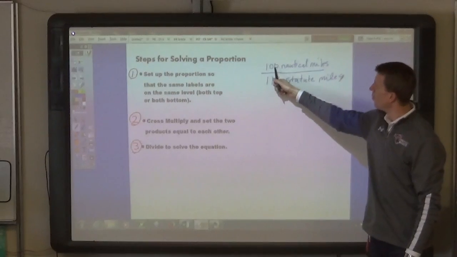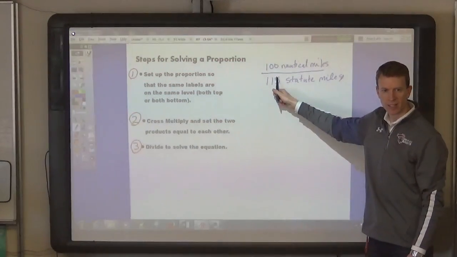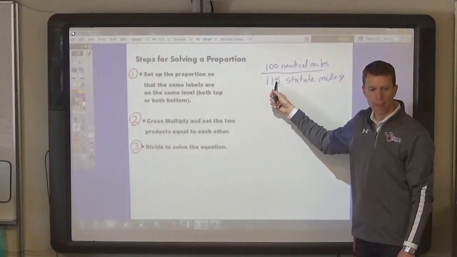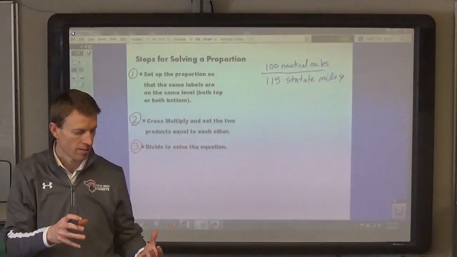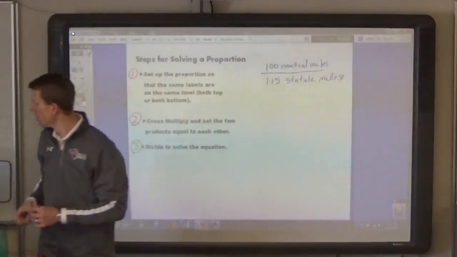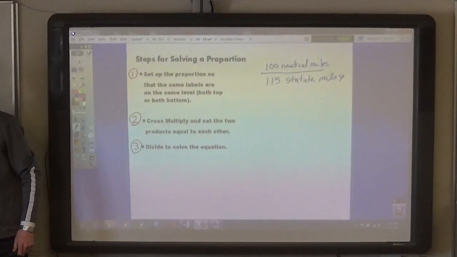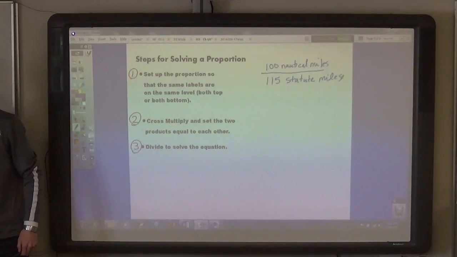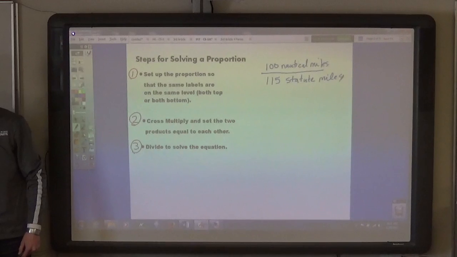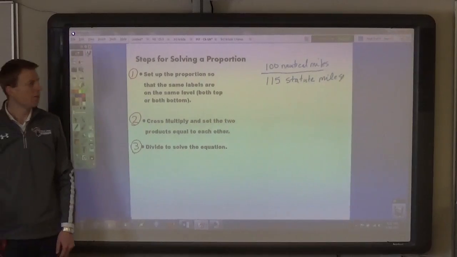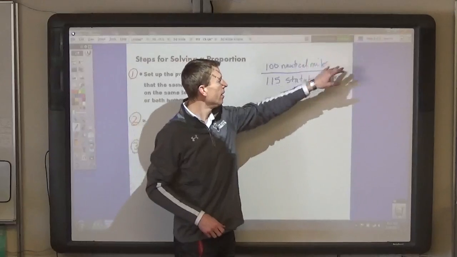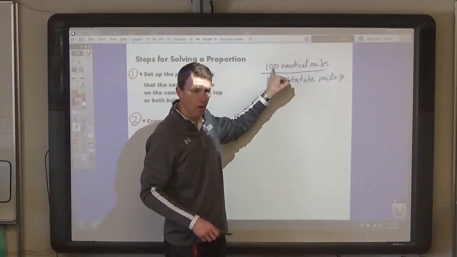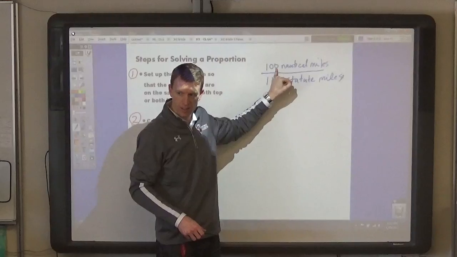So, we can use this ratio then. This is a true ratio, and we can use that ratio to find a different distance. In the question it says, using that ratio, to the nearest mile, how far in statute miles is 156 nautical miles? So we want to know, if this is a true ratio, how many of these miles is 156 nautical miles.